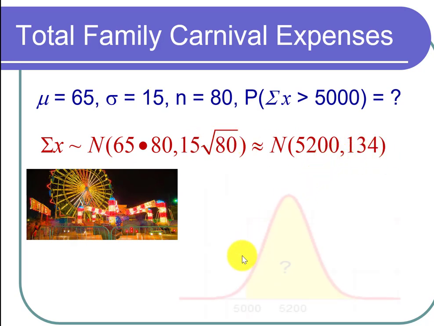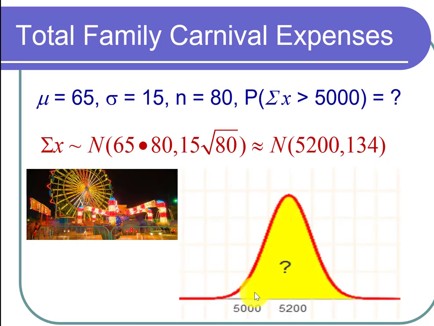We can draw a picture. We want to find out the probability that this sum is greater than 5,000. So I have a normal distribution. Its mean was 5,200. 5,000 is a bit to the left of that. And I shade in everything to the right, because greater than is to the right of 5,000. And I want to find out what is that area, or what is that probability.